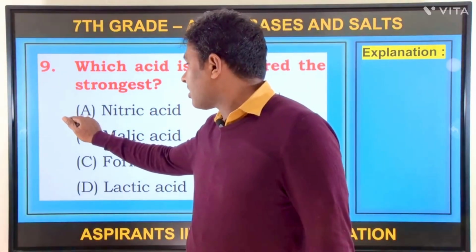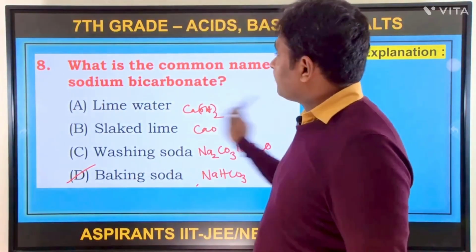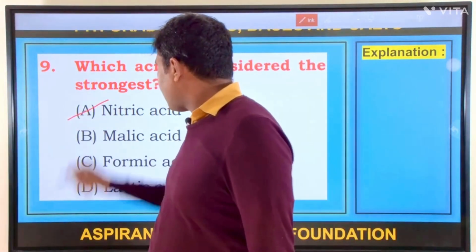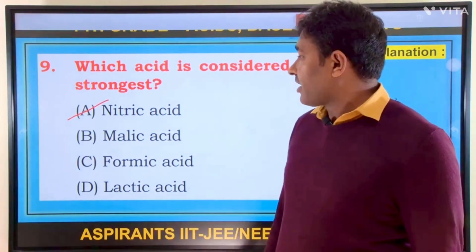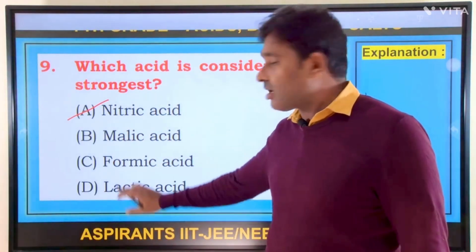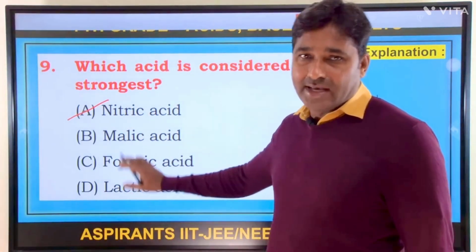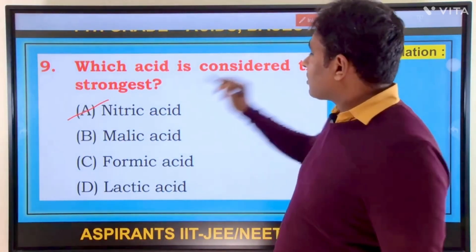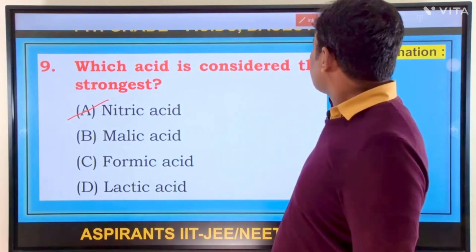Nitric acid is the inorganic acid. So option A is the inorganic, mineral acid, that is nitric acid. The remaining ones, malic acid, formic acid, lactic acid, are all organic, mild, weak acids. This is the strong acid. The correct option is A, nitric acid.